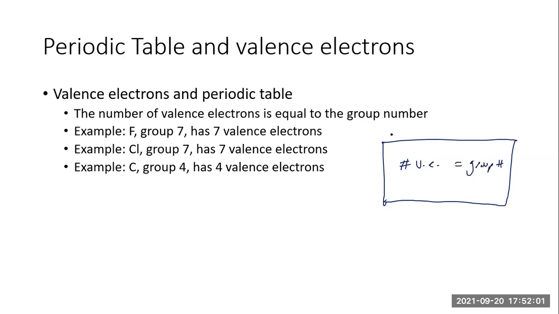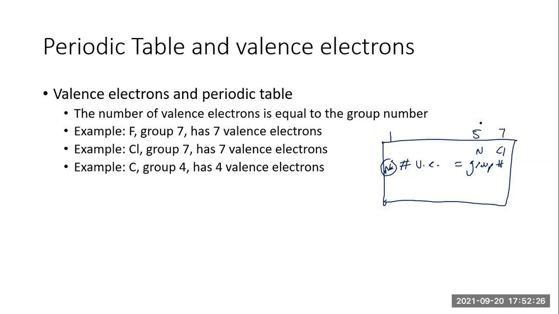That is a much quicker way to figure out the valence electrons. For example, group 1, where we find sodium, has 1 valence electron. Group 5, where we find nitrogen, has 5 valence electrons. Chlorine, which is in group 7, will have 7 valence electrons. So if you need to know how many valence electrons there are, it equals the group number. That's obviously important for bonding, which we're going to talk about next.